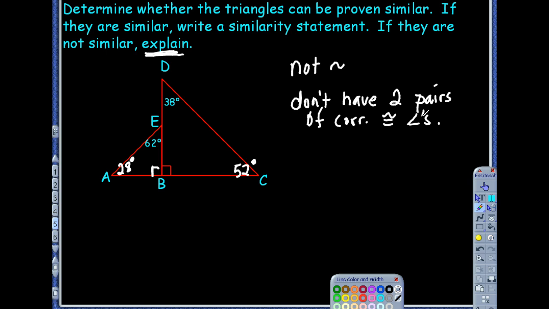You just don't have two pairs. Or you could say not all the corresponding angles are congruent. True. So just how you word it, guys, when you explain it, you got to make sure you support it. Some of us are not always that great about doing that. You got to be very clear and exact in what you're trying to say. And we want to definitely mention something about the angles since that's what we're looking at.